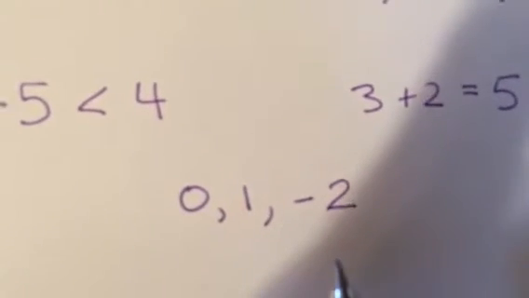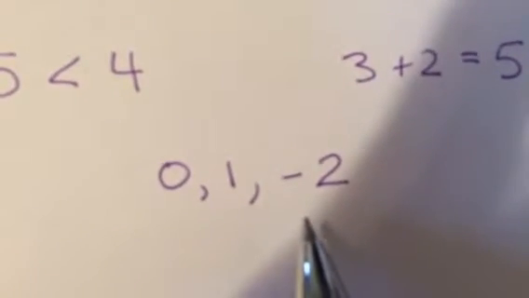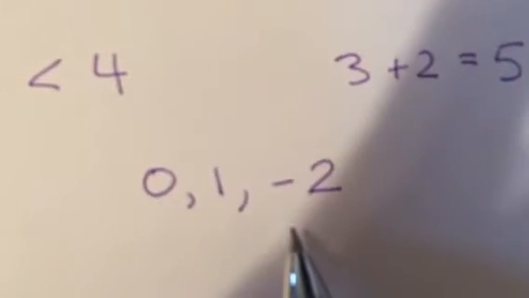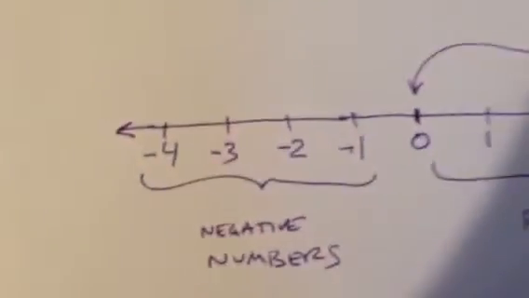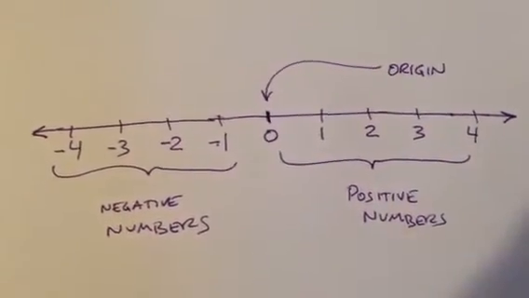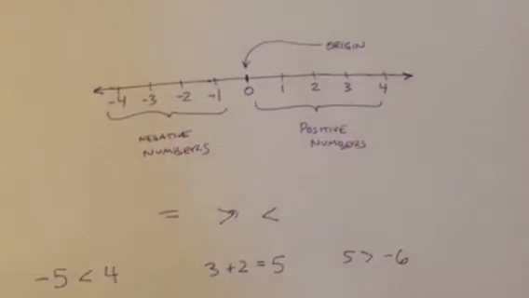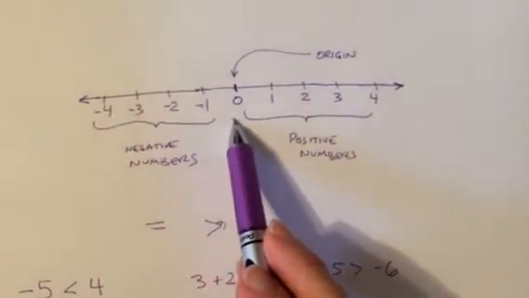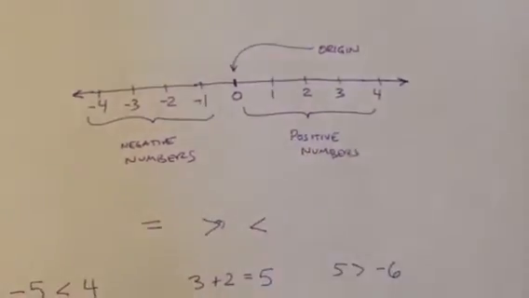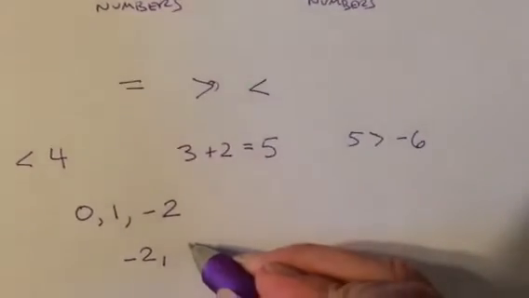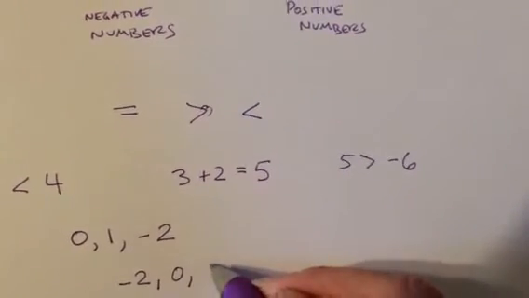To do that, you put them in the order in which they appear on the number line. So of these 3 numbers, negative 2 is going to show up first. So we'll write our negative 2, and then moving along, the 0 comes next, and then the 1. So we write negative 2, 0, and 1.